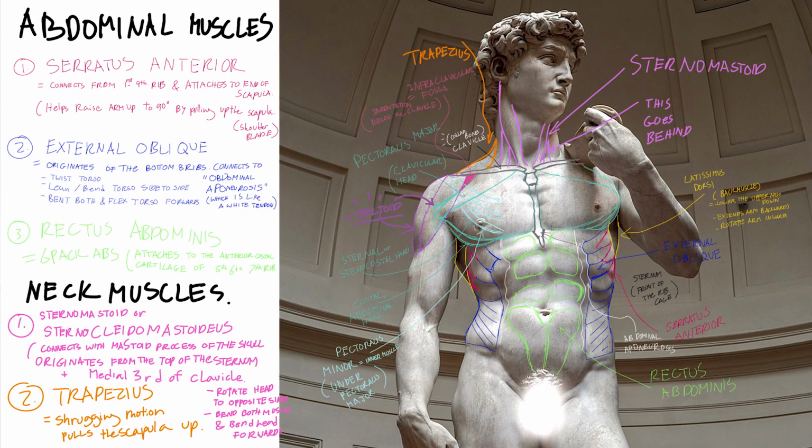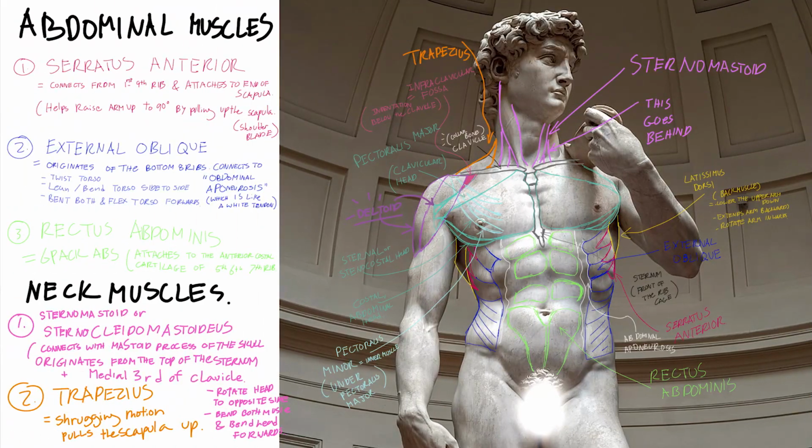And what this muscle does is that it helps you rotate your head to the opposite side by pulling it in the opposite direction, and also flexing the head forwards when both of them are getting pulled. So it rotates and bends this way.